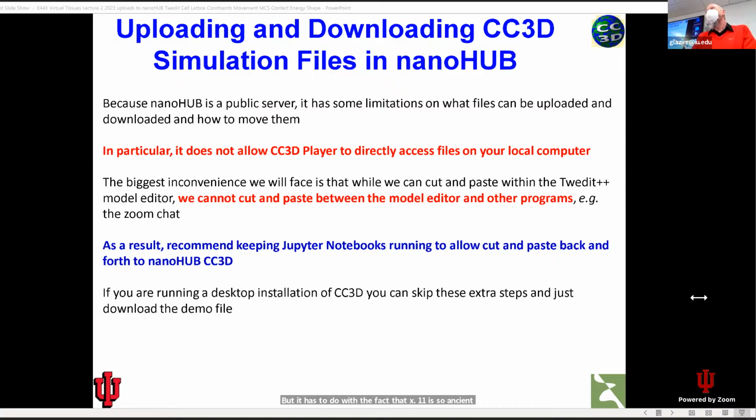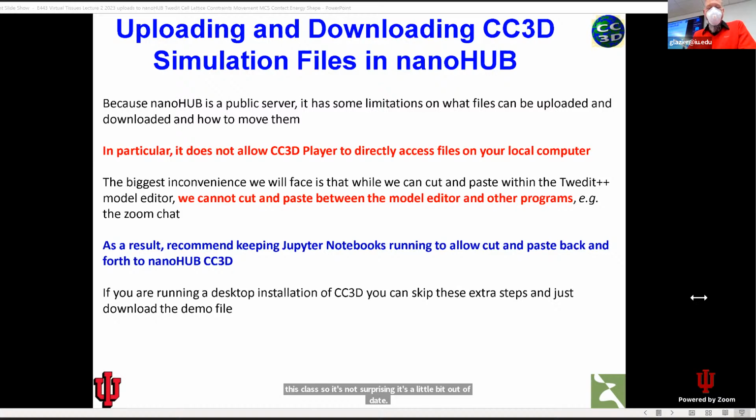And so the idea that there would be a global clipboard that would be accessible wasn't part of the X11 standard. As I say, the interface that is running Computational is older than many of the people taking this class. So it's not surprising it's a little bit out of date.